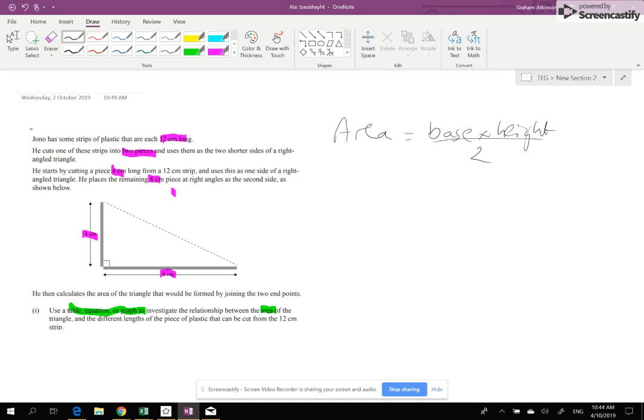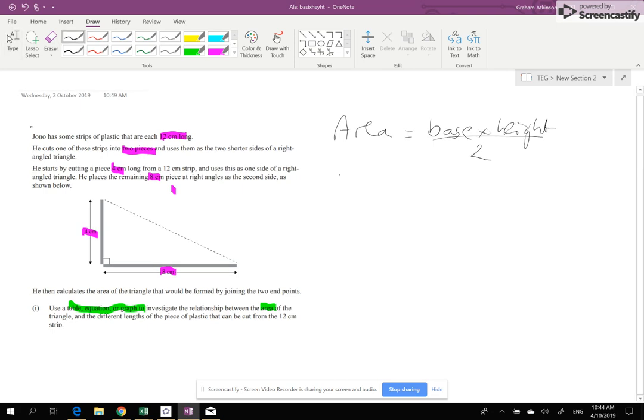So if I have base is 4, height is 8, area is going to be 4 times 8, which is 32, divided by 2, which is 16. And I'm just going to put the units on because I better be careful.